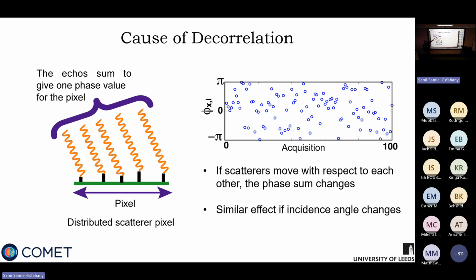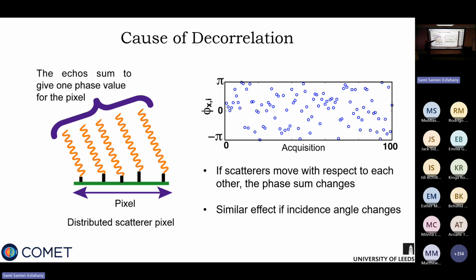So it's the coherent sum of all of these scatterers on the ground. That's fine. But if you come back later and these scatterers have moved around a little bit with respect to each other, then their phase will change independently. And when you add up all of these independent phases, you can get a very different phase sum.